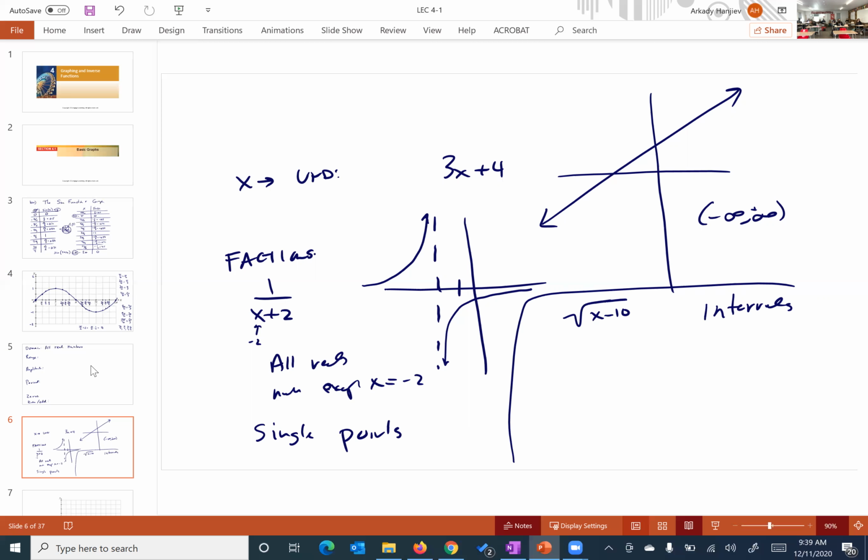So we say this has to be greater than or equal to 0 for this to work. When we solve this, the domain is x is greater than or equal to 10. Anything at 10 or higher works. Otherwise, it does not work.